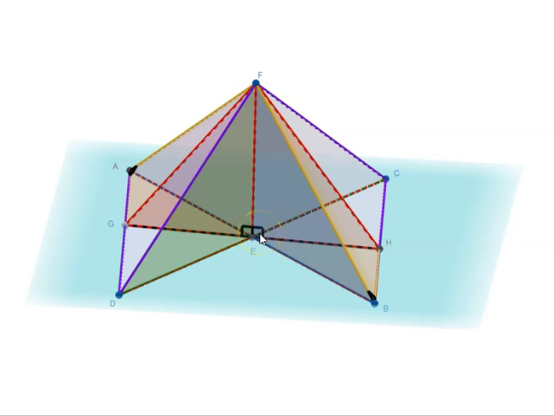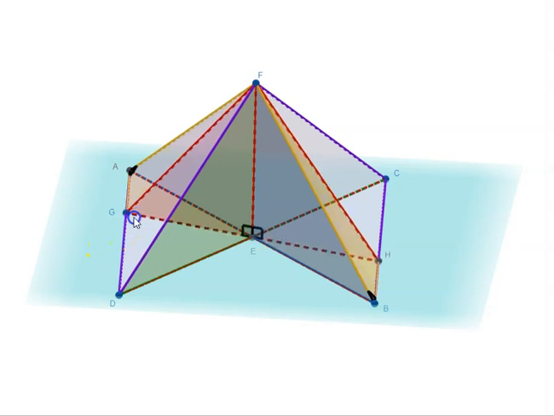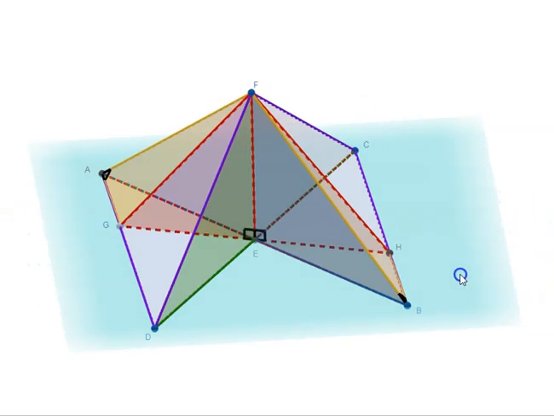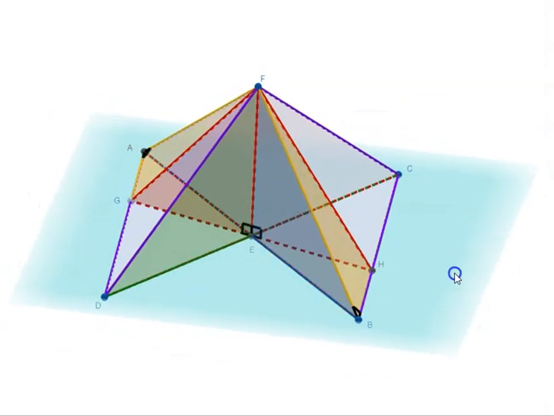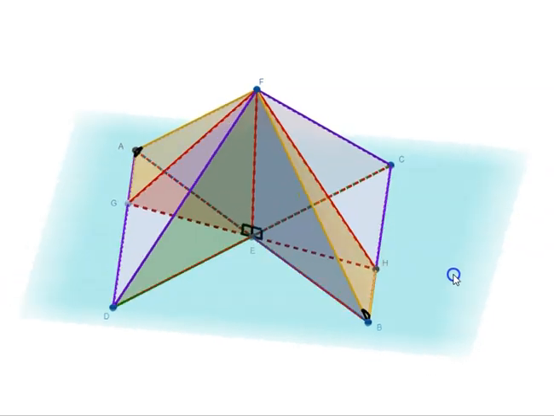We have already seen that if FE is perpendicular to all the straight lines which meet it at right angles and are in the plane of reference, then we can say that FE is perpendicular to the plane of reference. So that is proposition number 4 of book 11 of Euclid's Elements.